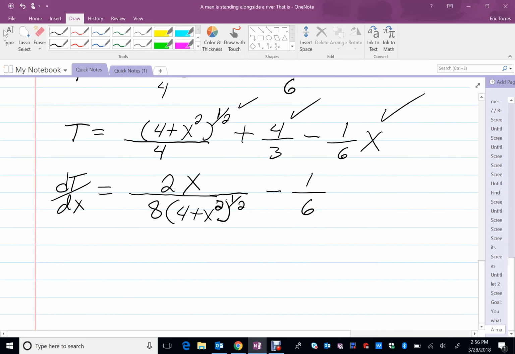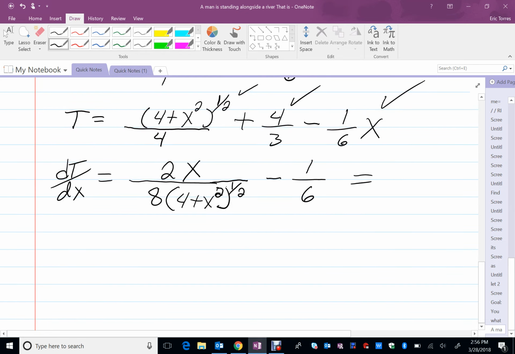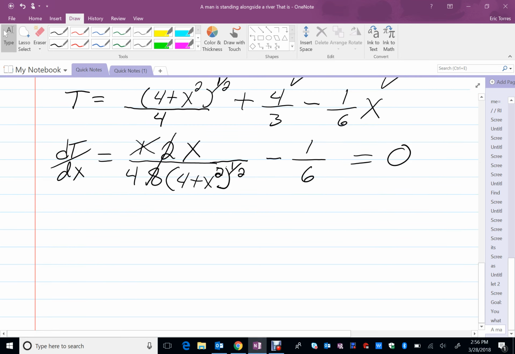And I'm going to set all of that equal to 0 to find my critical points. First of all, you should recognize this 2 and 8 reduced to 1 and 4. Technically, you don't have to write the 1 because I already have an x, and it's assumed to be 1x. Now, I'm going to add 1/6 to both sides.